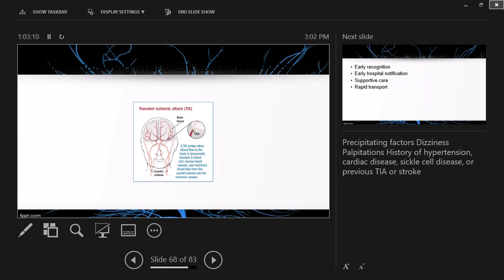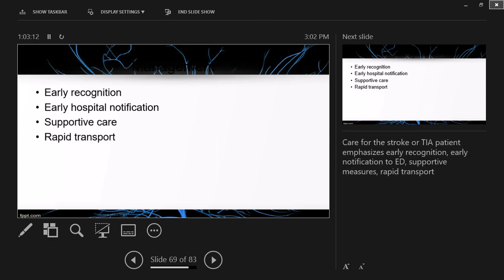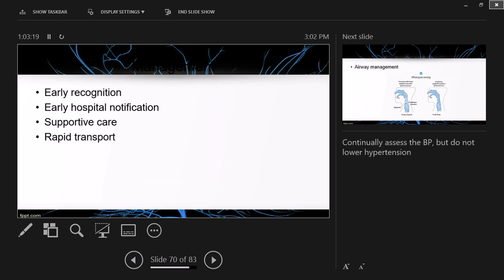When we're looking at these patients, there's the key thing that you're going to do for your early stroke or your TIA patient. When you've got a patient that's got a high blood pressure and they're having a stroke, do not lower the blood pressure, okay?